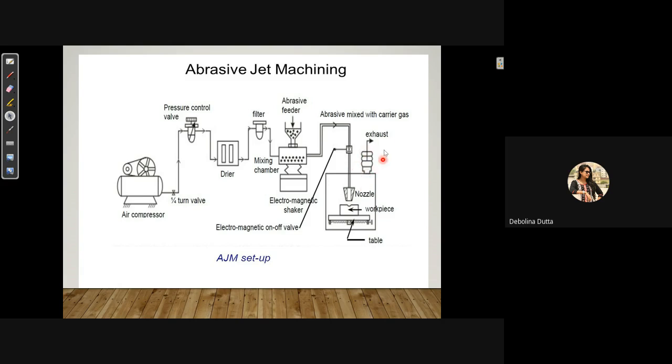You can see the exhaust system is also there. Please remember that in abrasive jet machining, wherever the work is taking place, the whole thing is placed in an enclosed chamber with a proper exhaust system, because a lot of dust is created and it can harm the people working there.